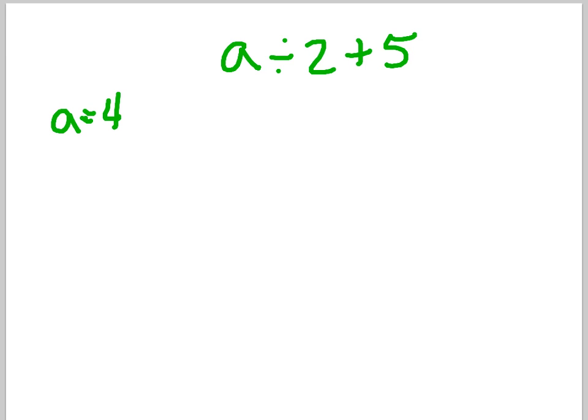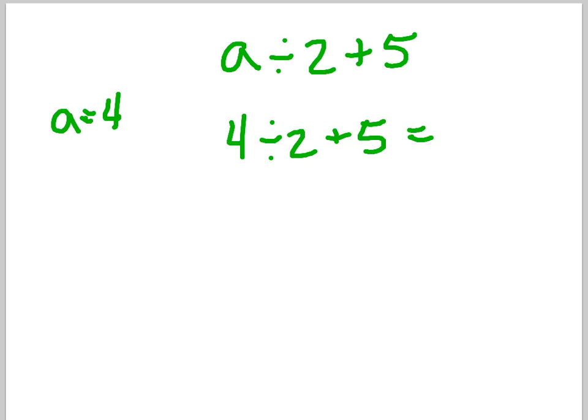Let's use the expression A divided by 2 plus 5. Right? And let's say that A equals 4. Following that, you just take 4, substitute it in there for the variable of A, and we can go ahead and do that here. 4 divided by 2 plus 5 equals.